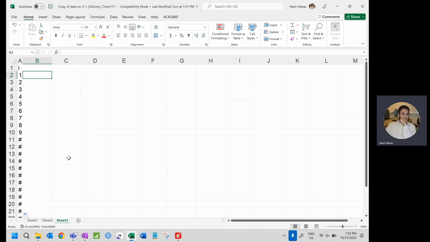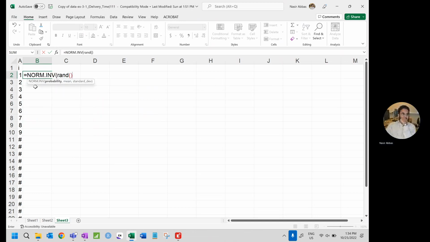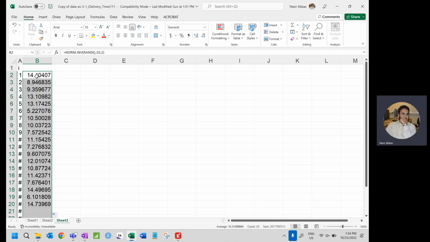I will take the data from a normal distribution so that I know that the data are coming from a normal distribution. So I draw from a normal distribution with mean, let us say, 10 and standard deviation 2. So here are my values.